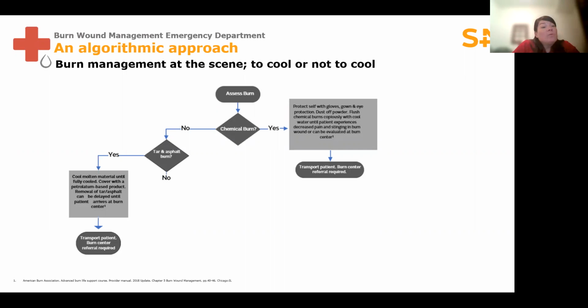You can also cool the molten material until it's fully cooled to help stop that burning process. You can also cover with a petrolatum based product, and you don't need to worry about removing the tar or asphalt in the emergency department. That is going to be done when the patient arrives at the treating burn center.